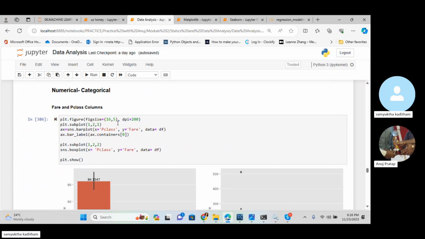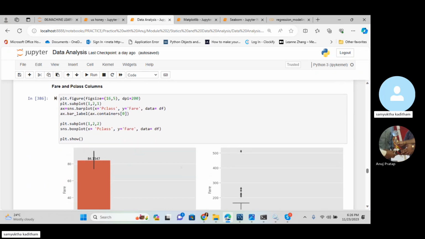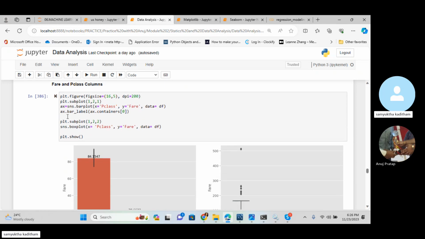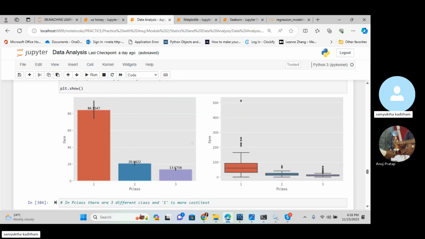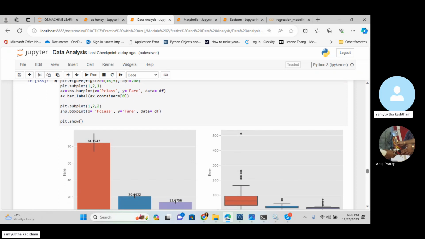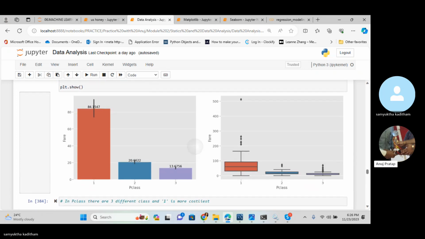Then numerical and categorical. We are analyzing the fare column with the Pclass column. We plotted a bar plot and a box plot, two plots.